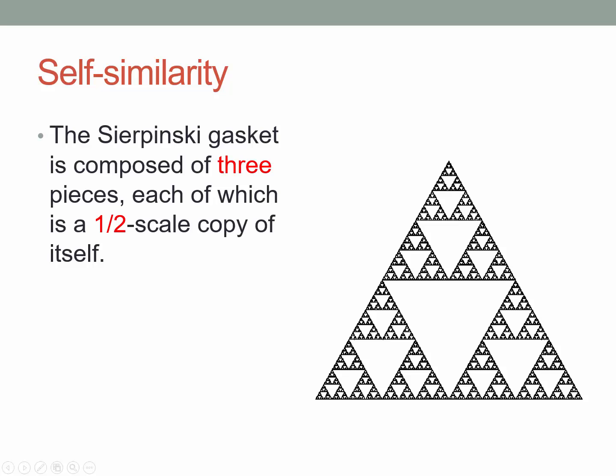There's the big triangular hole in the middle, and then a little Sierpinski gasket on top, one at bottom left, and another at bottom right. 3 copies of the Sierpinski gasket can be shoved together to make the entire Sierpinski gasket. Let's do our counting and scaling again. The Sierpinski gasket is composed of 3 pieces, and each of those pieces is a 1/2 scale copy of the whole thing.